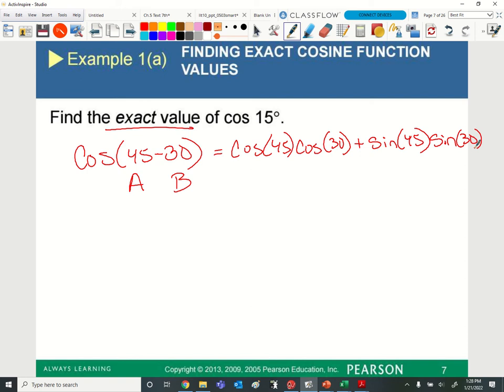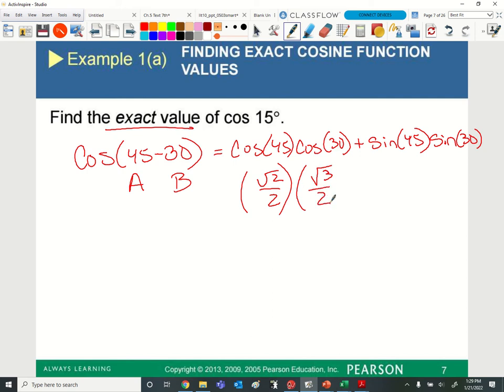Now again, I'm going to use the unit circle here because I'm going to need some values from this. So on my unit circle, cosine is the x value. So cosine at 45 is going to give me what? Rad 2 over 2. Cosine at 30 is? Rad 3 over 2.